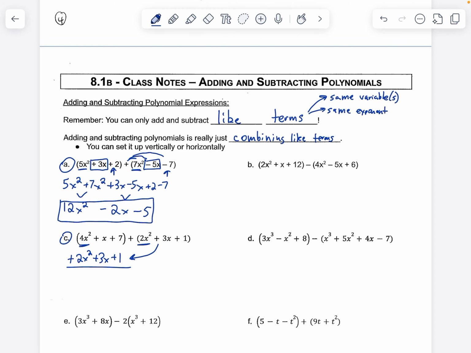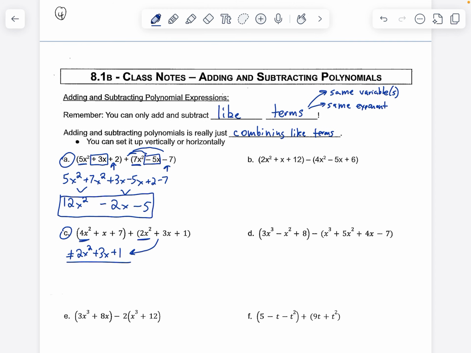Again, since we're adding, there's nothing we need to do with each of these terms. They're going to stay the same. And we'll just combine like terms. So 7 plus 1 is 8. x plus 3x is 4x. And 4x squared plus 2x squared is 6x squared. So there's an example vertically and an example horizontally.